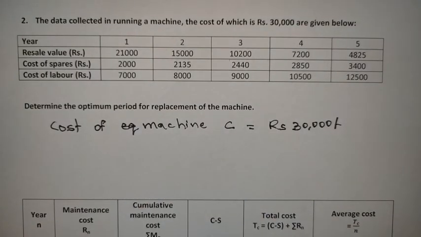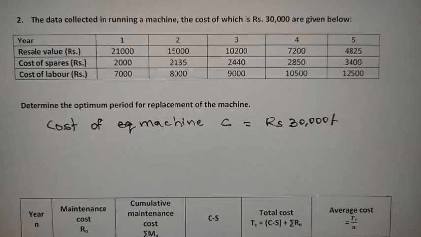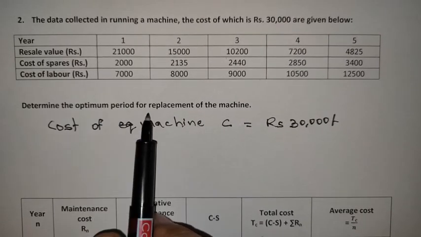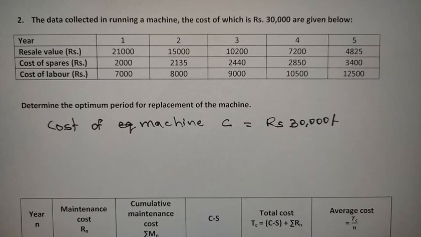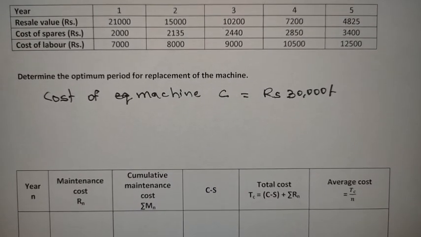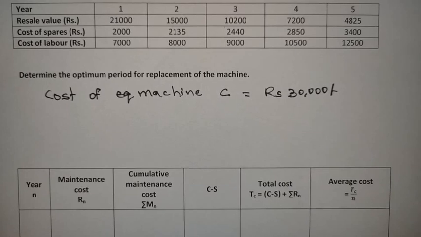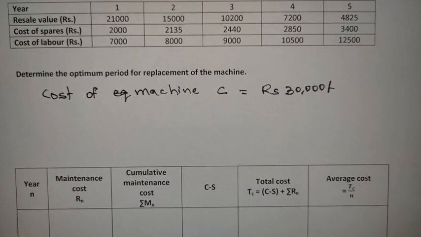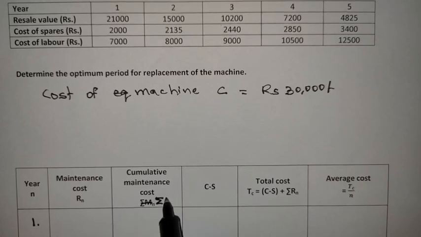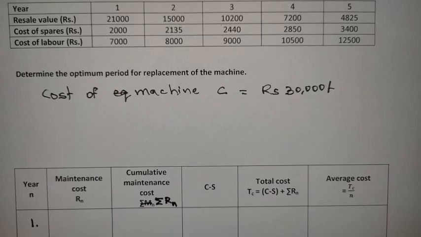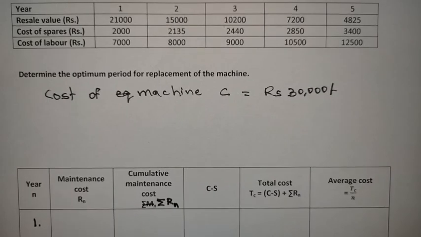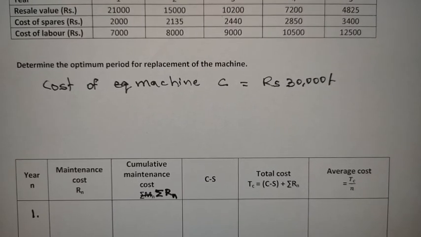Now let us find the average cost in this case, and determine the optimum period for the replacement of the machine. Now for the first year let us calculate. Here the cumulative maintenance cost is sigma Rn, I am taking.